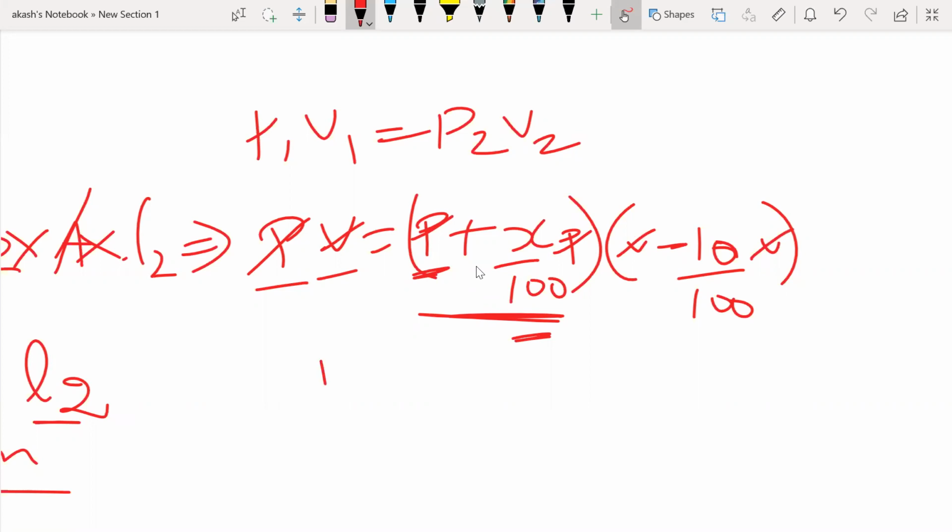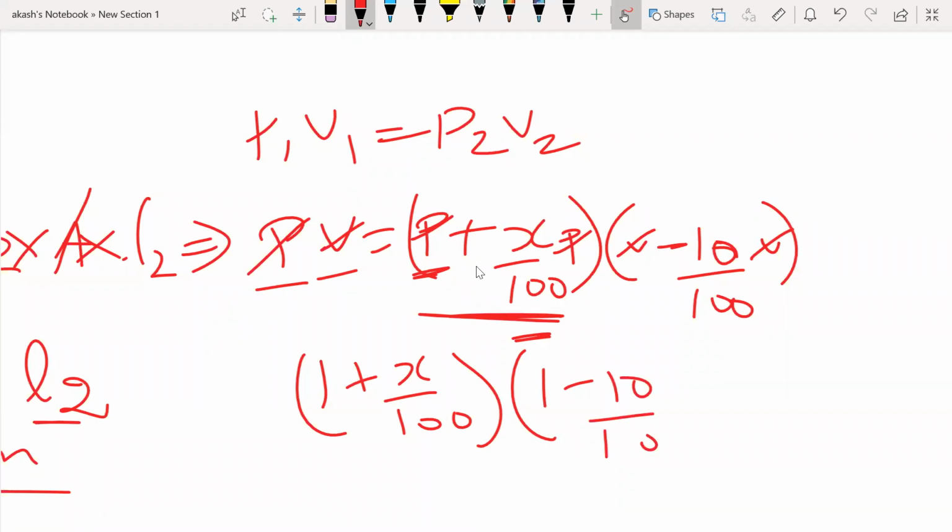So I basically have 1 plus X by 100, into 1 minus 10 by 100, is equal to 1, because this side is just 1.